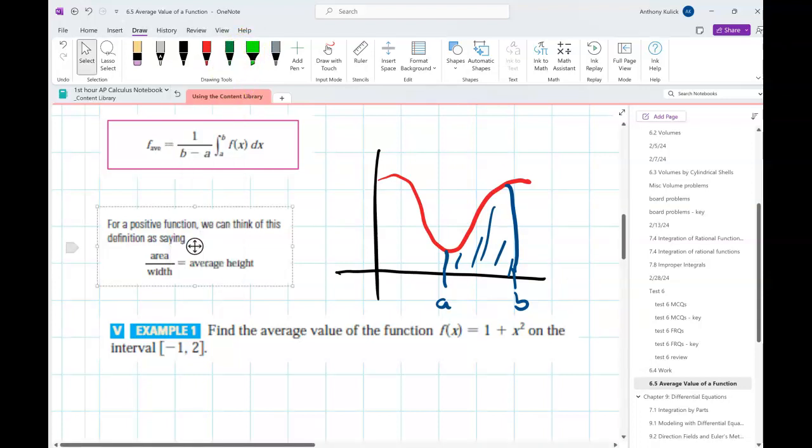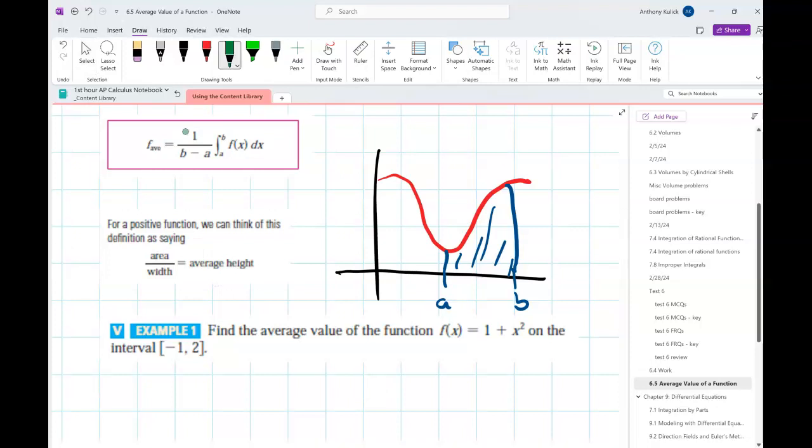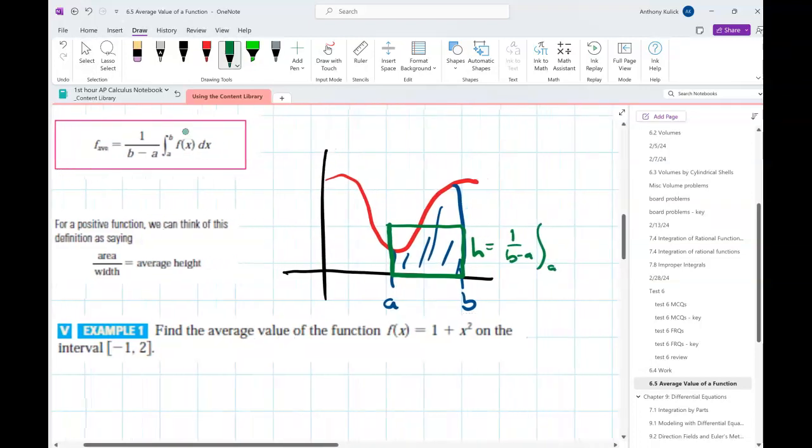If I take that area and divide it by the width, I'd get a height for a rectangle with the same area as my integral. Everybody agree? And that height is really the average value for our function.